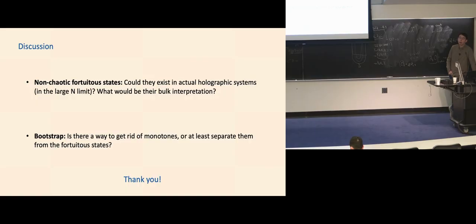No, well, that's for very small n. I don't know how you would say whether it's chaotic or not chaotic, or black holes or not black holes. Here I'm phrasing this as a question in the large n limit. Understood. Whether there exist families of such states that maybe have a lot of entropy, but are nonetheless non-chaotic while still being fortuitous. Right. Maybe a highly excited winding string or something. Yeah, some kind of that, maybe.